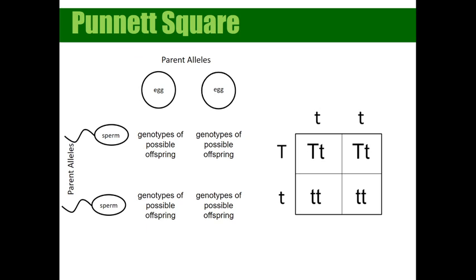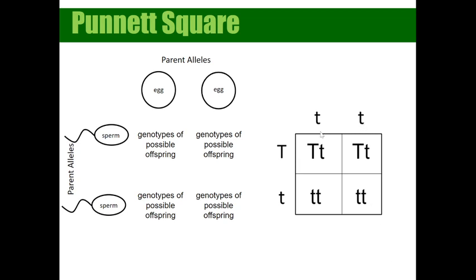Okay, so here we have our parent alleles. We have our two eggs and our two sperm. What is going to be represented in the boxes are the genotypes of possible offspring. According to the explanation here, let's go over to our Punnett square.